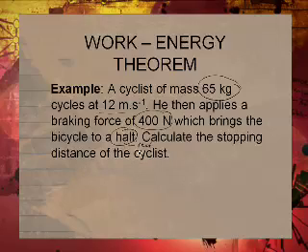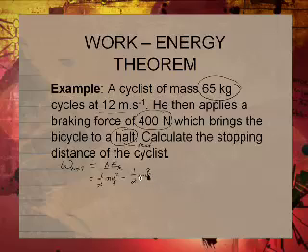Now, if we assume that there is no friction, we can say that the total work done should be equal to delta EK. Now, remember that this came to a halt. So you've got half mv squared final minus half mv squared initial.